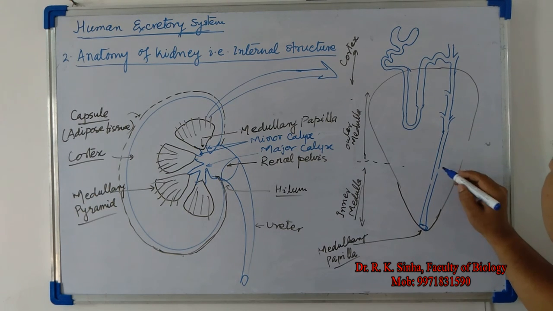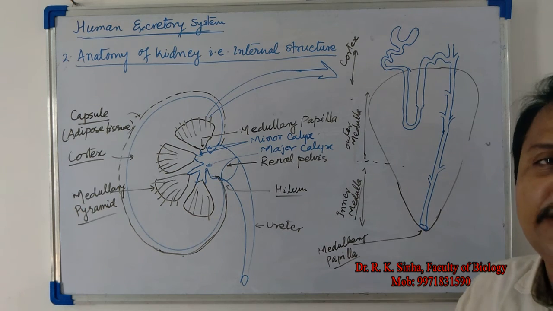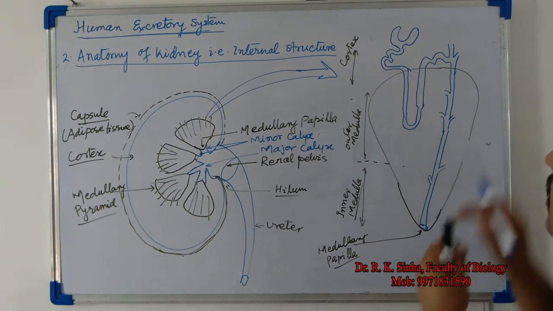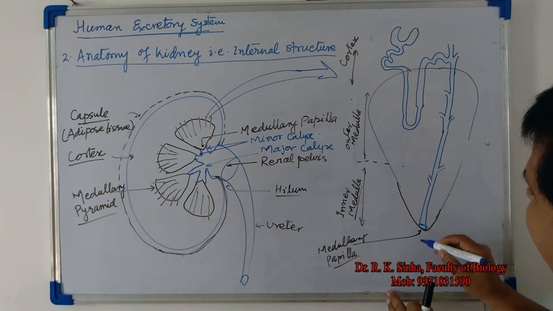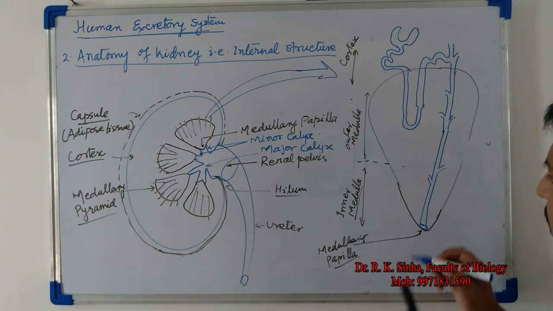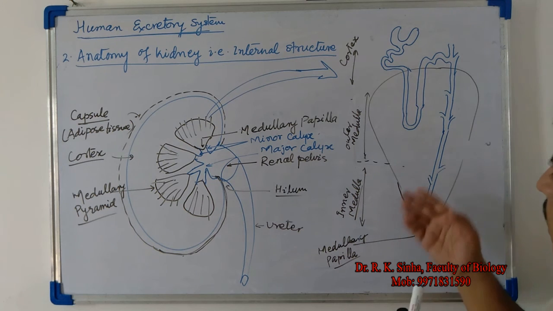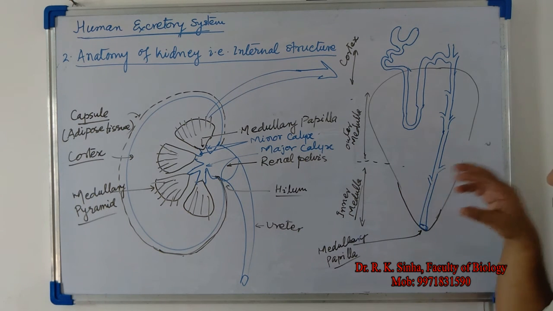These are the collecting tubules or connecting tubules. They will connect the rest of the nephrons. So these are the connecting tubules and they will open here in this medullary papilla, and here a lesser number of blood capillaries will be present.